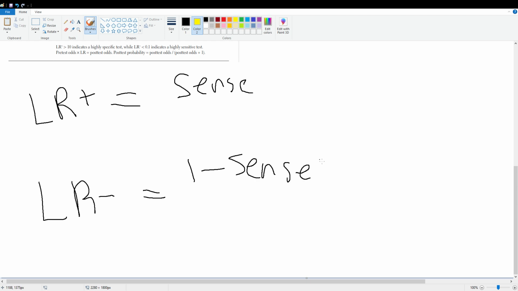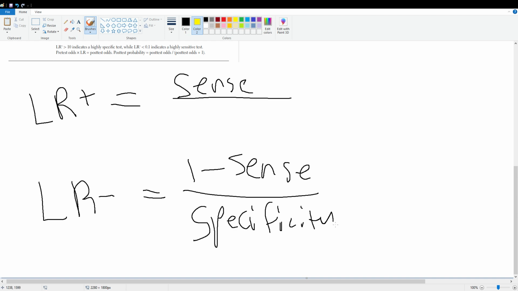Actually, 1 less sense, exactly. So we're going to have 1 minus sense on the top. We're going to be using both sensitivity and specificity. And so you can remember that specificity is going to go on the bottom here, and specificity is going to go on the bottom here. Now, they both have to have a 1 minus less than, and you can remember that when you're doing the negative likelihood ratio.